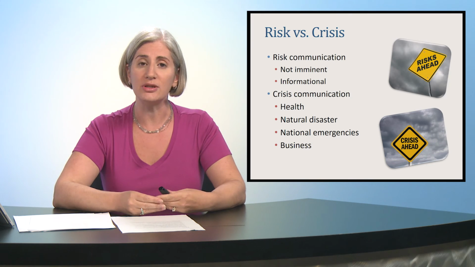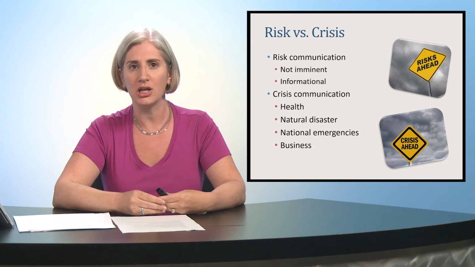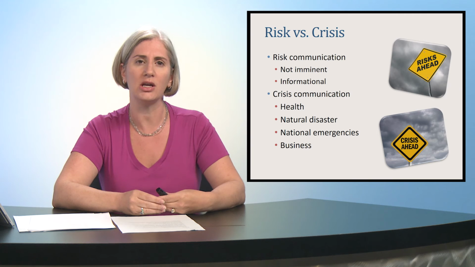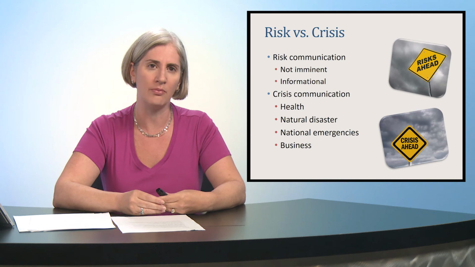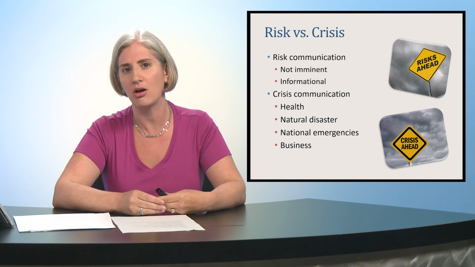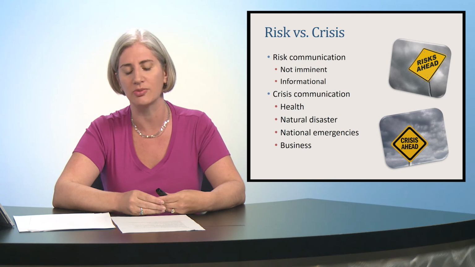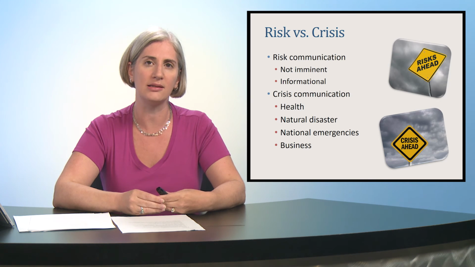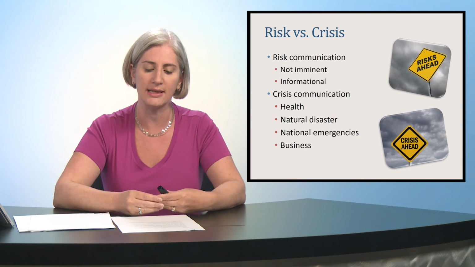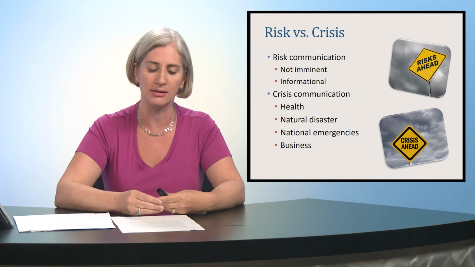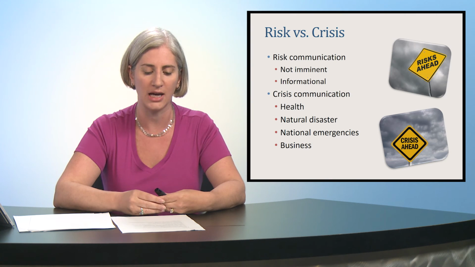A really useful example of crisis communication in the business context was actually the 1982 Tylenol scandal, when someone tampered with Tylenol packages and laced the capsules with cyanide. It killed 7 people, and it was a real crisis for the Tylenol brand and for Johnson & Johnson, the manufacturer of Tylenol.